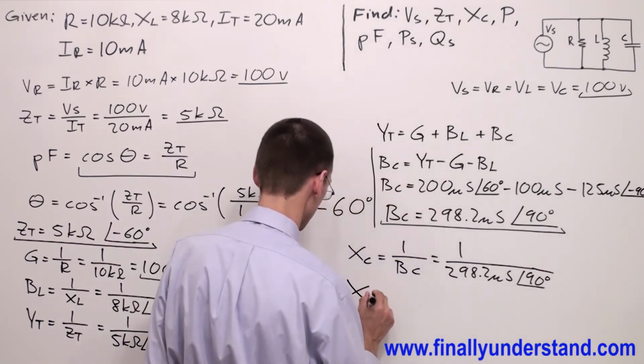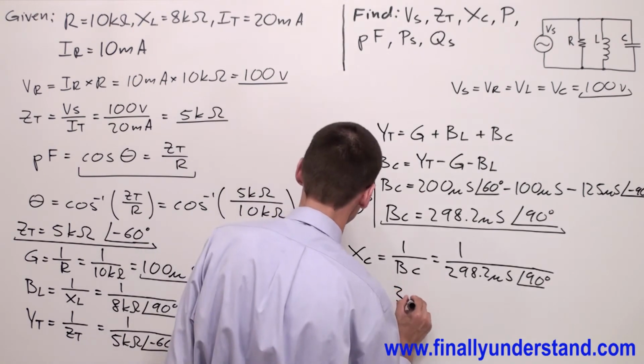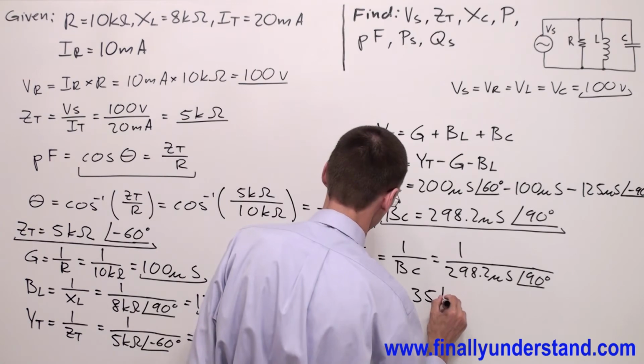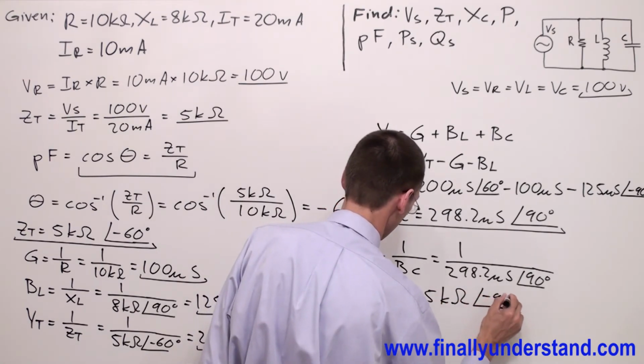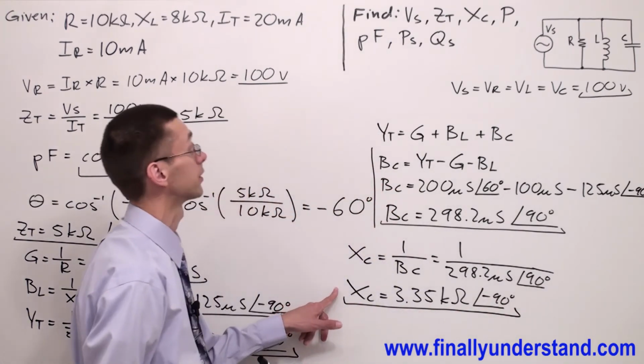So X of C is equal to 3.35 kiloohms and angle of negative 90 degrees. So this is my capacitive reactance.